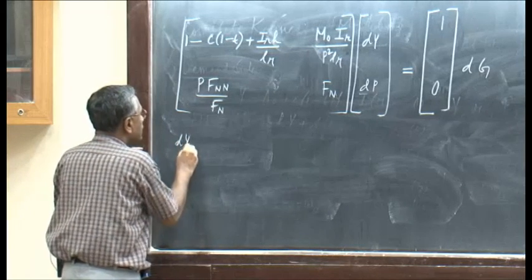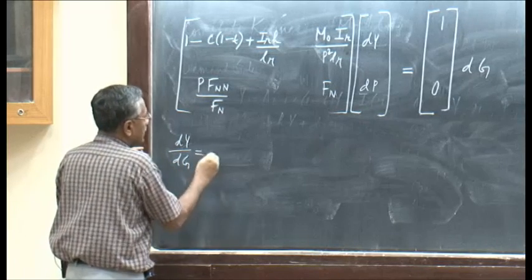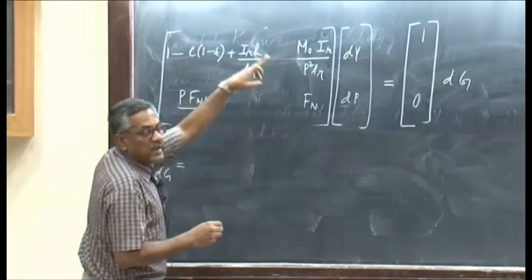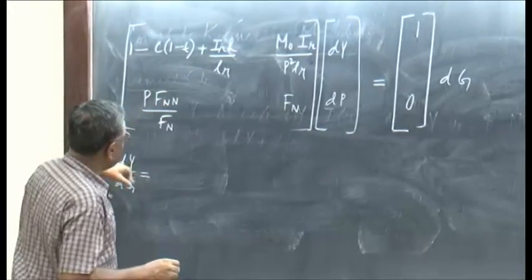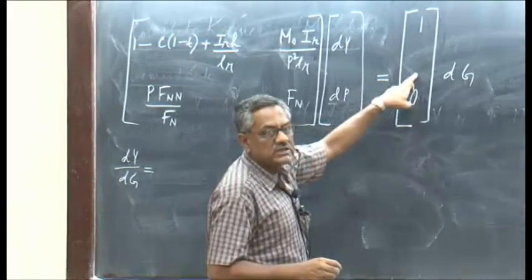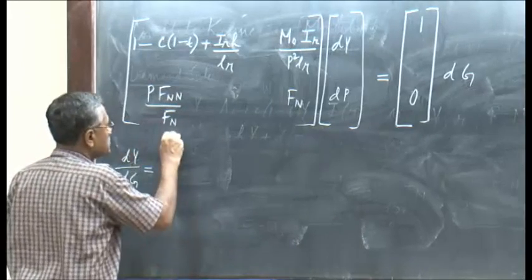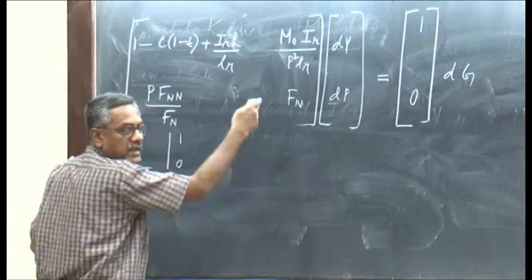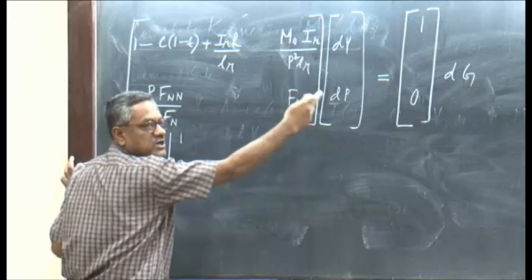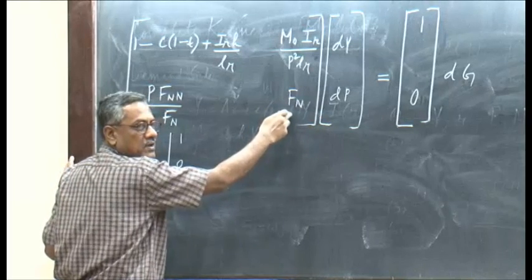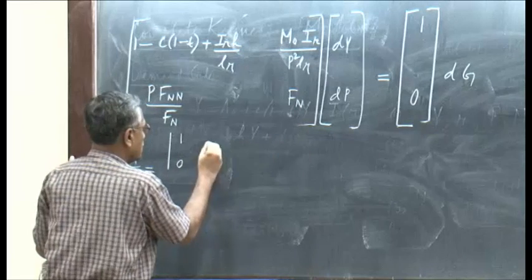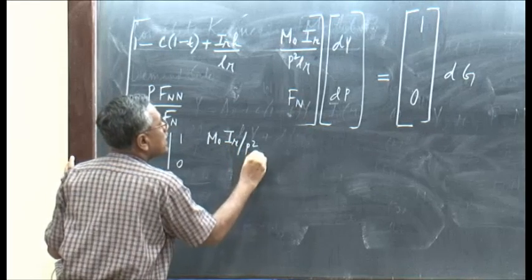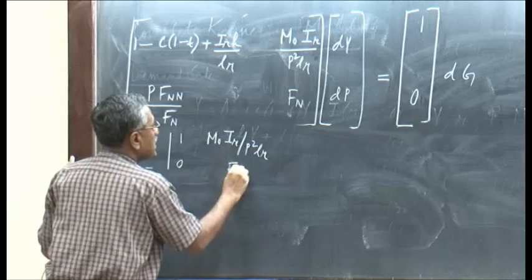Well, dy dg will be the determinant of the matrix with dy, since I am looking for dy dg, dy column will be replaced by 1, 0. So it will be, I am using the straight line for determinant, 1, 0, the second element will remain. The dy column will be replaced by the dg column vector, the second column here would remain as it is, which is m naught IR divided by p square LR, and the second one here is Fn.